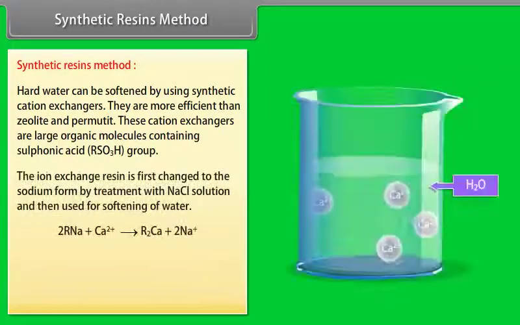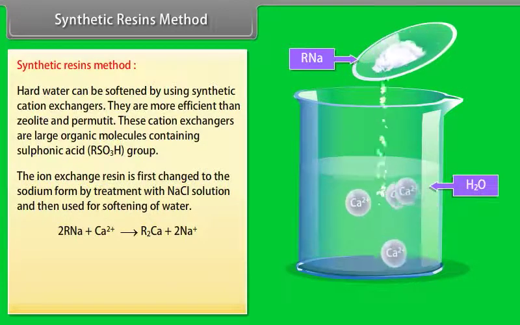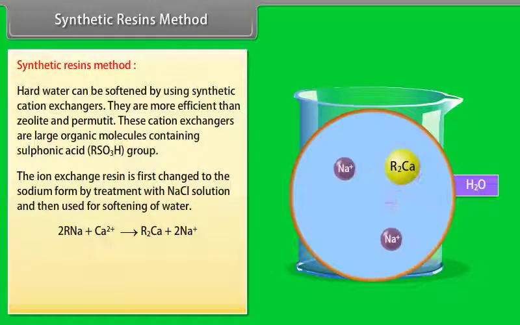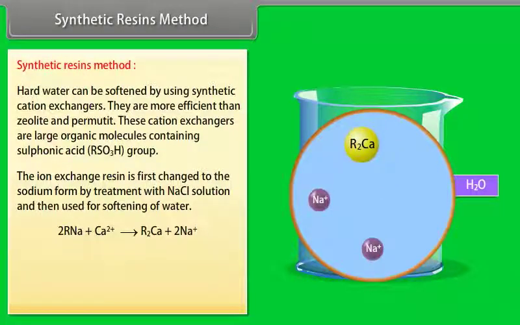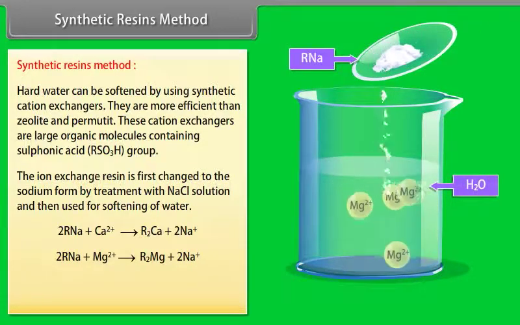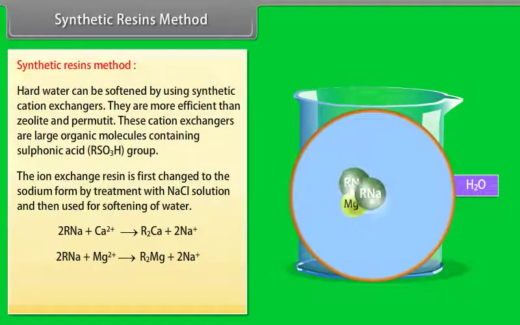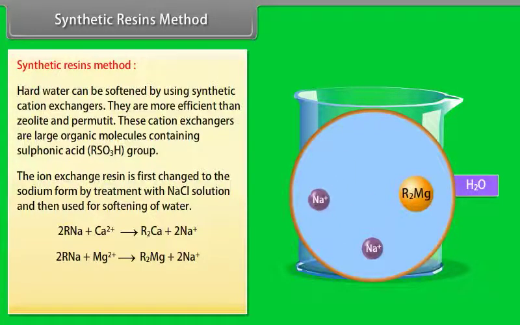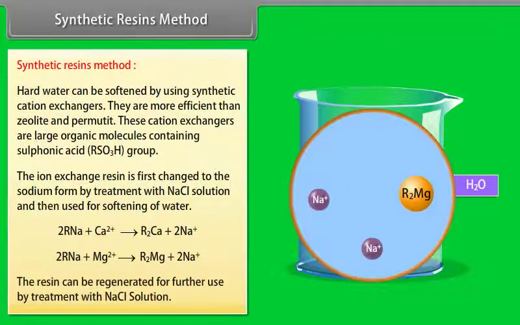The ion exchange resin is first changed to the sodium form by treatment with NaCl solution and then used for softening of water. The resin can be regenerated for further use by treatment with NaCl solution.